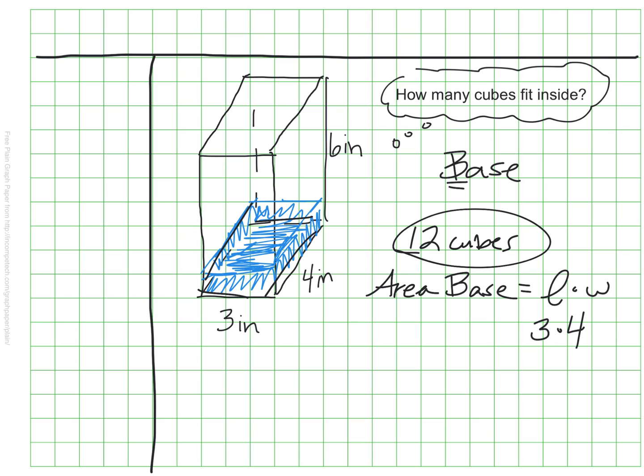Once I know my base layer, my next job is to figure out how many layers it would take to fill this, right? So I could see that if I kept going, I could fill another 12 layers in here, another 12 layers, and so on. The number of layers is going to be dictated by how tall this is, right? So this is 6 inches tall. So if each one of my layers is 1 inch high, I'm going to have 6 layers.